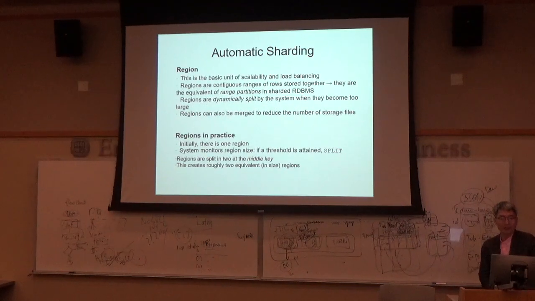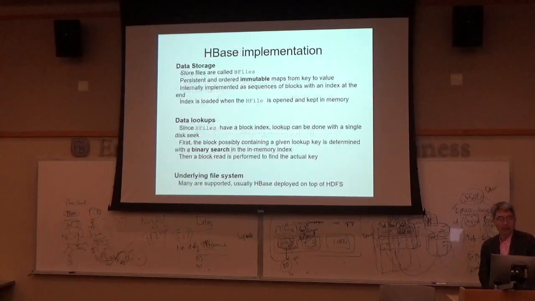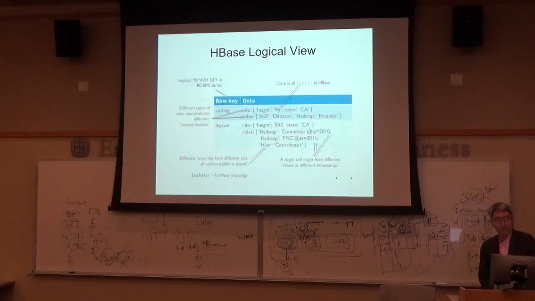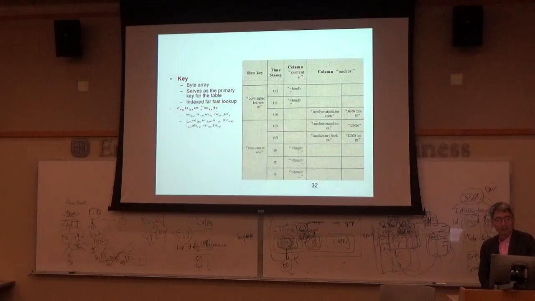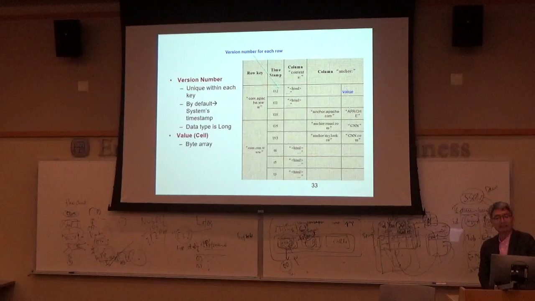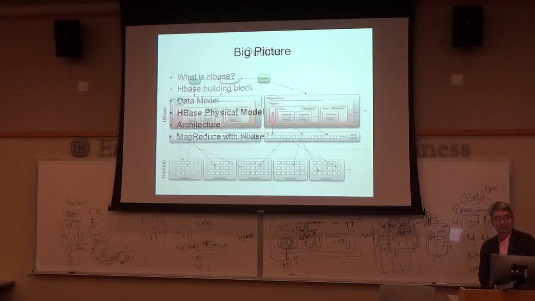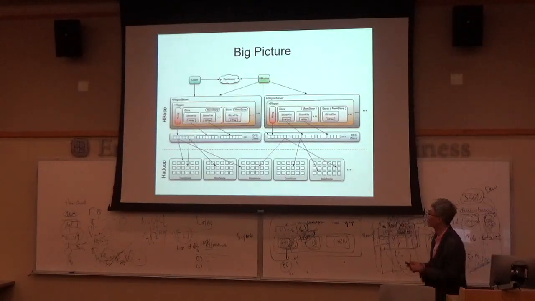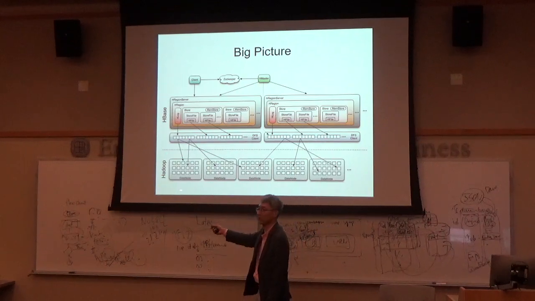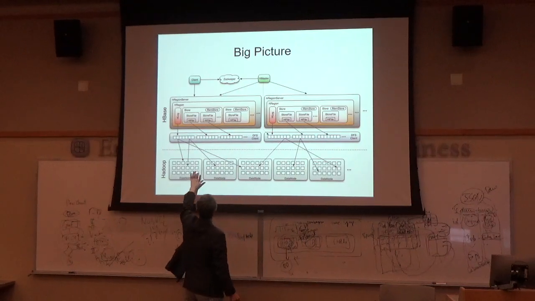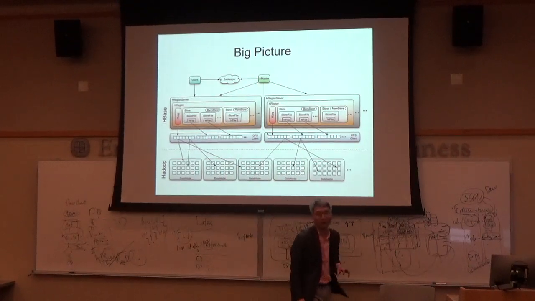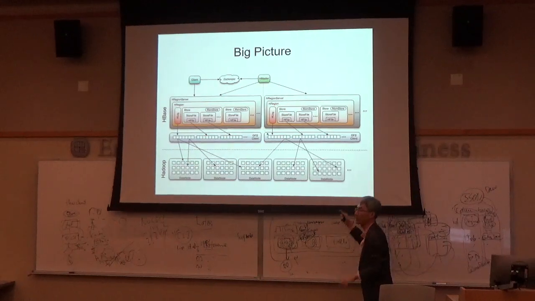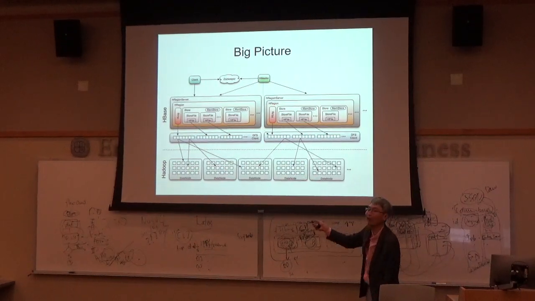To understand the region and the region server, let me go a little bit forward. This is the Hadoop file system. For example, it has 1, 2, 3, 4, 5 different nodes, and more if possible. This is the HDFS, Hadoop level.